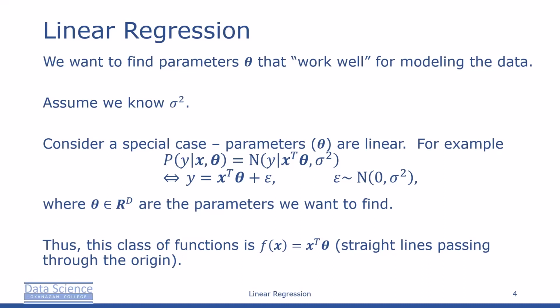The likelihood of the first equation is the probability density function of y evaluated at x transpose theta. Since we know x and theta, the only source of uncertainty originates from the observation noise. Without the observation noise, the relationship between x and y would be entirely deterministic.